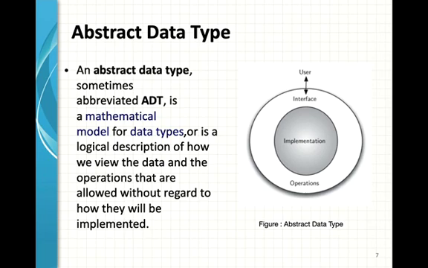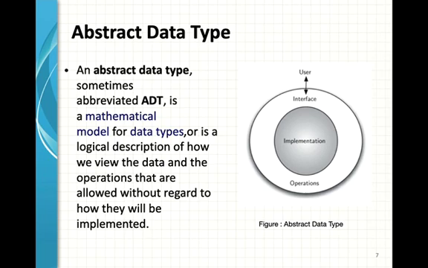Here this abstraction means the same for our data types. ADT is a mathematical model for data types. The actual representation of data types in computers need not be known to everybody, and that's why we need this abstraction.